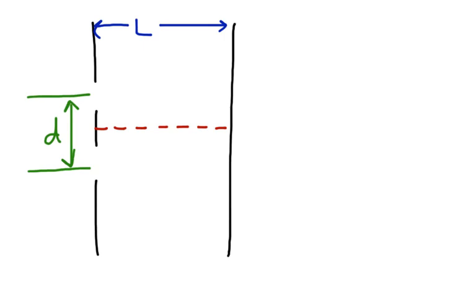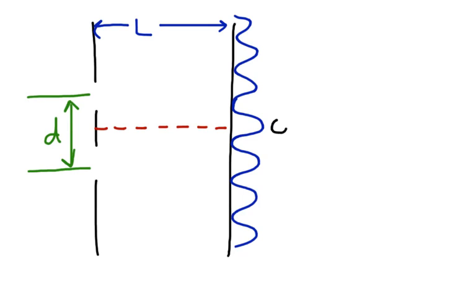We will have our interference pattern look something like this, showing up on the screen when we shine monochromatic light from the left of the two slits. And what we know is L in blue is the distance from the slits to the screen. This is called my zero order, my first fringe, if you will, at the equilibrium.